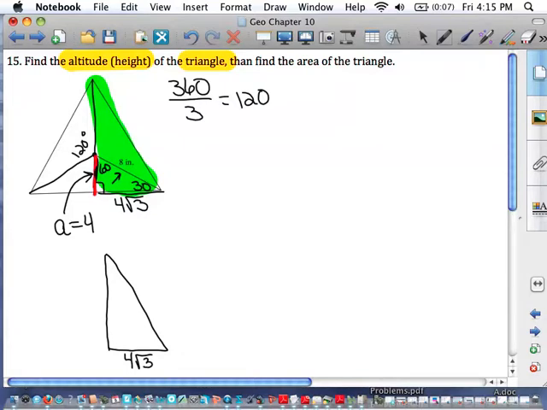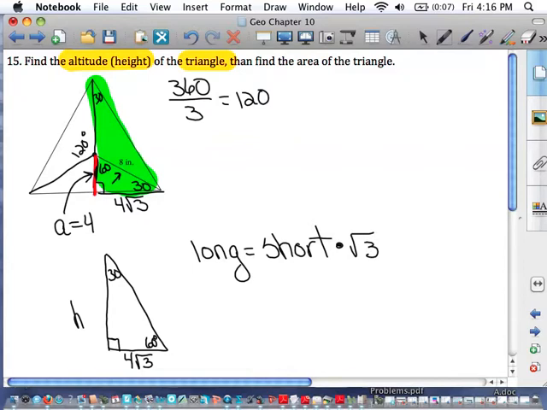This is a regular triangle, so that means this angle is 60 degrees, and this angle is 90 degrees. And now my 30-degree angle has moved up here to the top. And I need to find the height of this triangle. So the short leg times the square root of 3 gives you the length of the long leg.